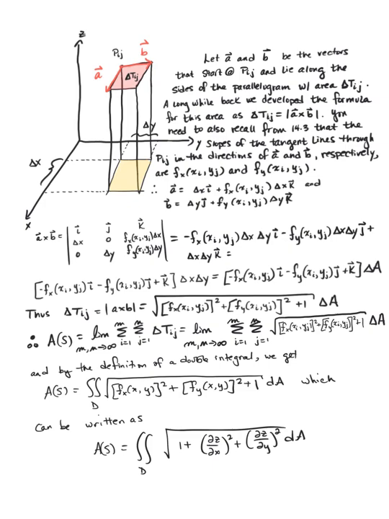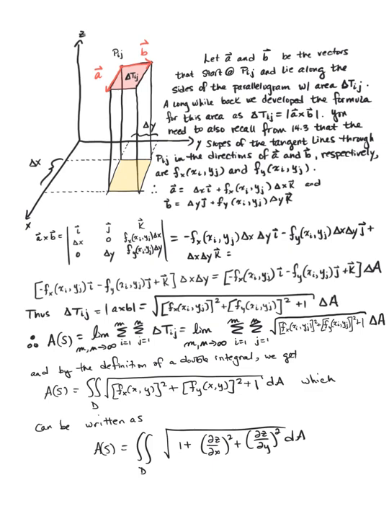So now we let these vectors A and B be vectors that start at P sub ij and lie along the sides of the parallelogram with area delta T sub ij. So you can see the picture to your left.